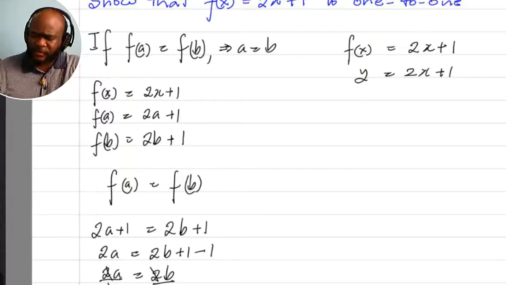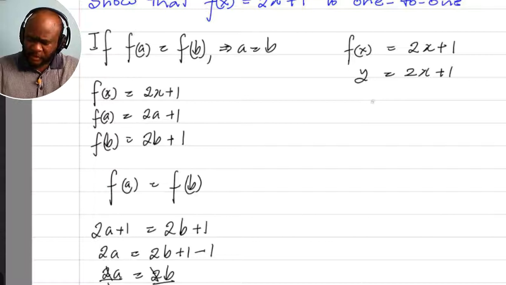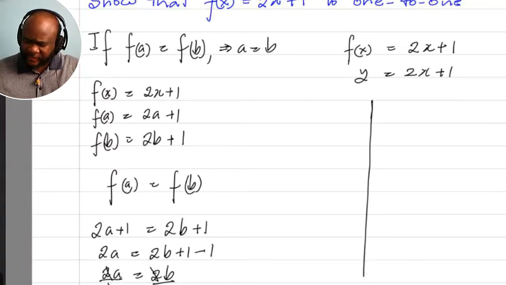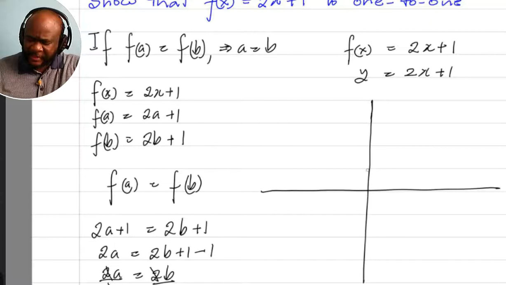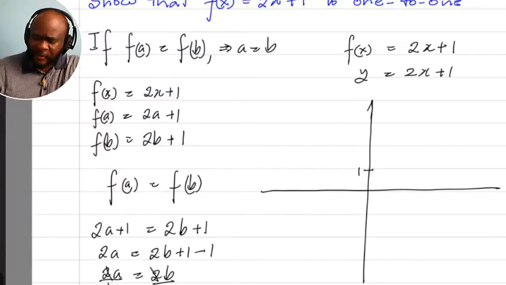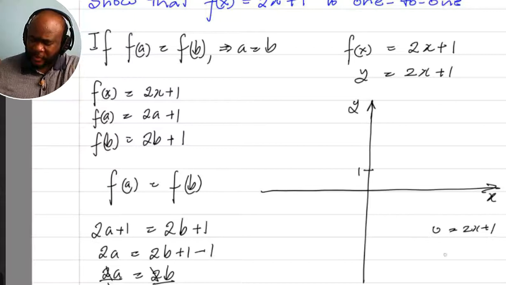I'm just doing a sketch. So I have my y-axis, and I have the horizontal axis, the x-axis. This graph cuts the y-axis at 1. All right, I could find the x-intercept. The x-intercept would be when y is 0. So we have 0 is equal to 2x plus 1.